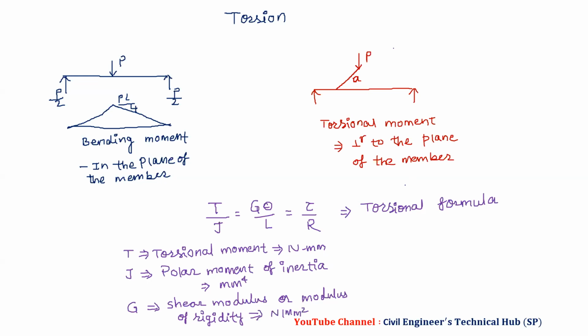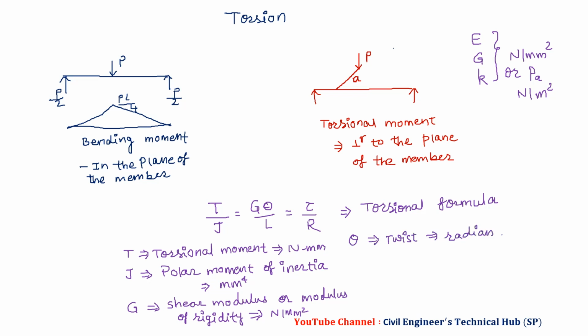We have three moduli: one is Young's modulus, then G shear modulus, and K bulk modulus, and all these moduli have the same unit, Newton per mm square, or Pascal, where Pascal is Newton per meter square. Then we have theta, this is the twist, and the unit is radians.